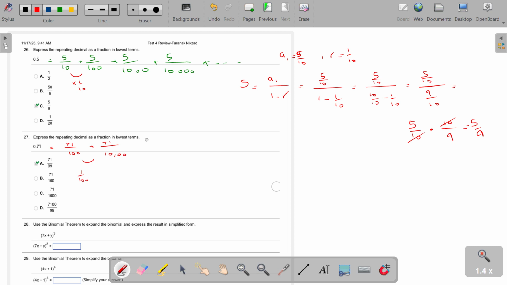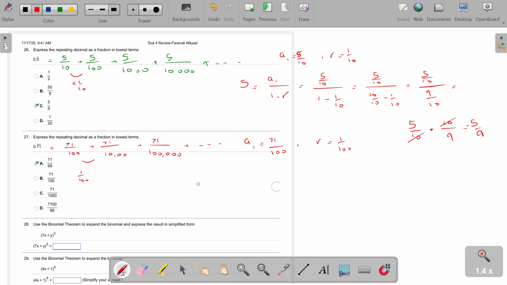And the next one will be 71 over 100,000, and so on. So we have an infinite geometric sequence. A1 is 71 over 100, and R is 1 over 100.